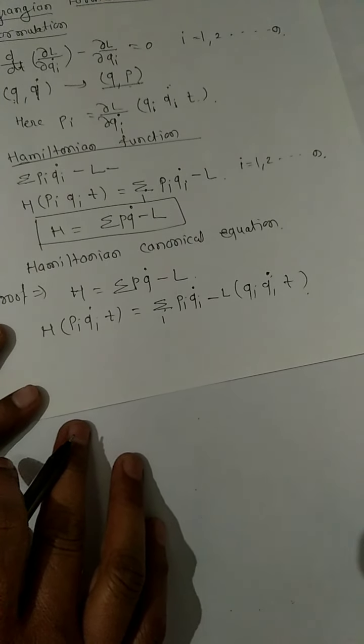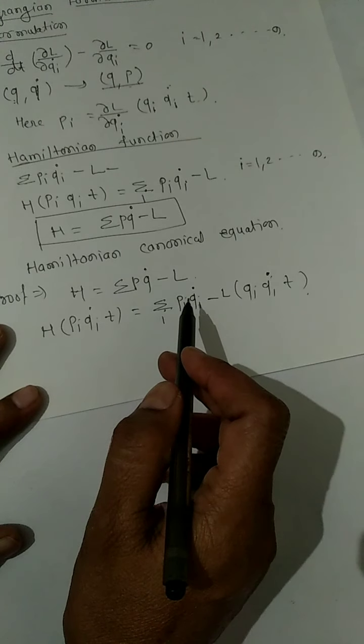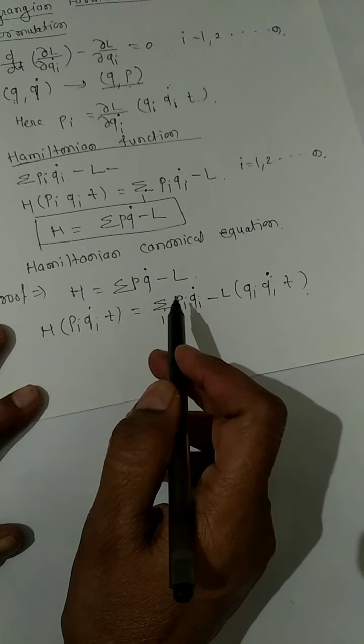Here pi and qi are the generalized momentum and generalized coordinate respectively.